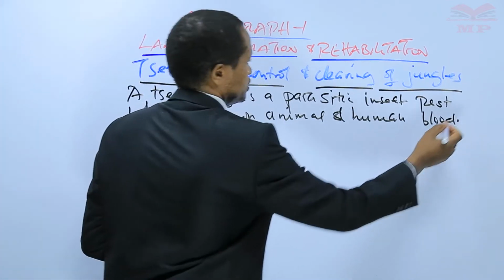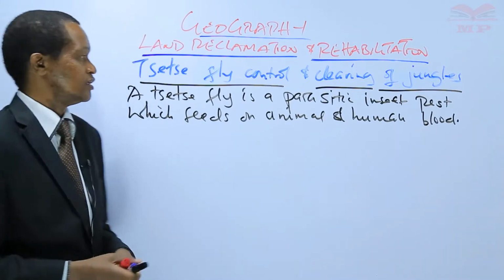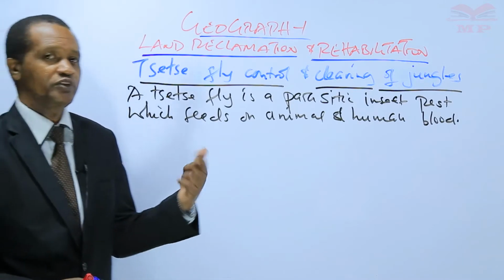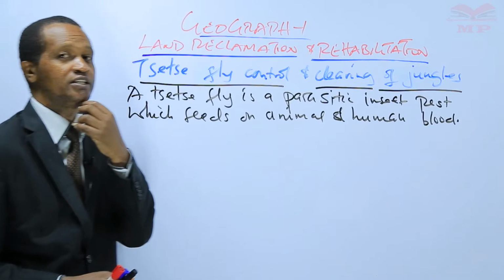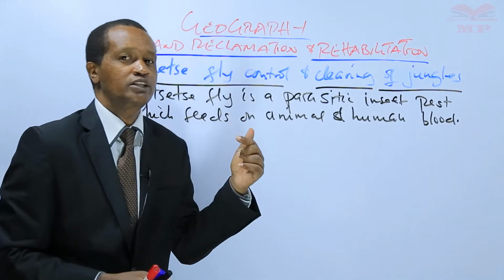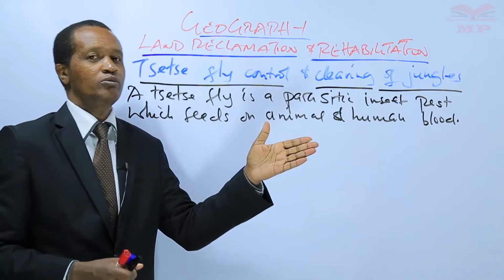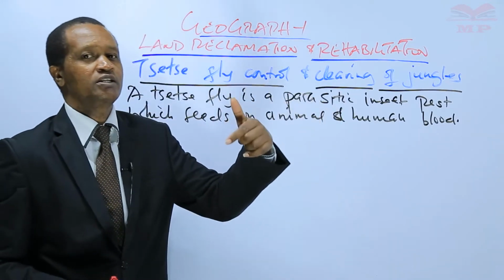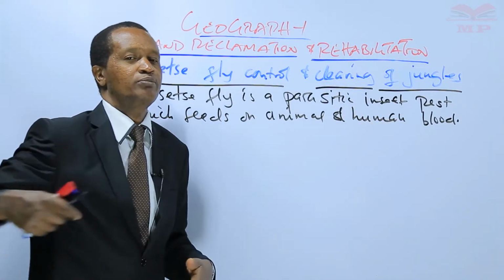Learners, tsetse flies have been problematic in Kenya a few years ago, especially in the Lambwe Valley in Homa Bay County. The valley is located in Homa Bay County, stretching from the slopes of Gwasi Hills in the west and the Kanyamua escarpment to the east.